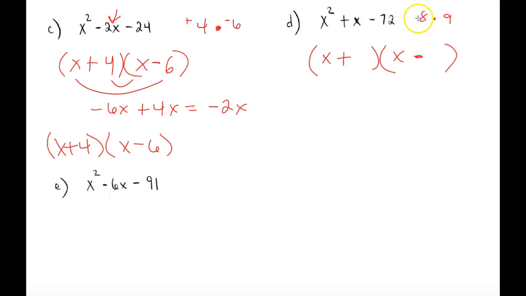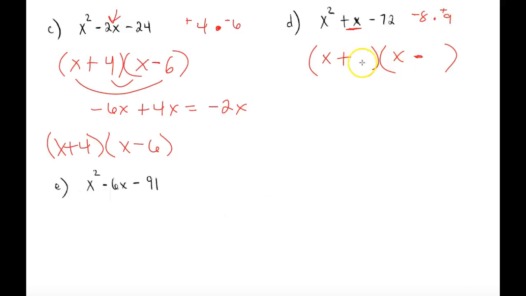Since the result here has to be positive, we want to allow the bigger factor to be positive. So if we let this be a negative 8, positive 9, like that, then if we multiply those, we get the negative 72. But when we add negative 8 plus 9, that gives us a positive 1.